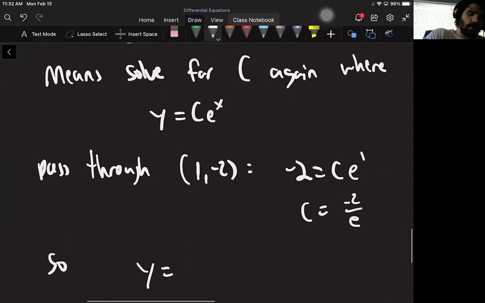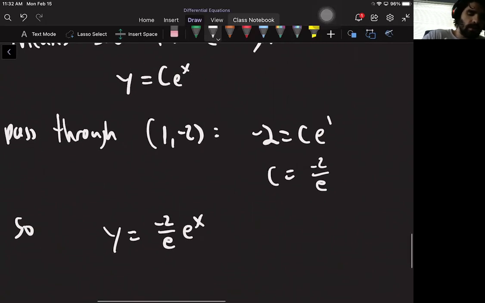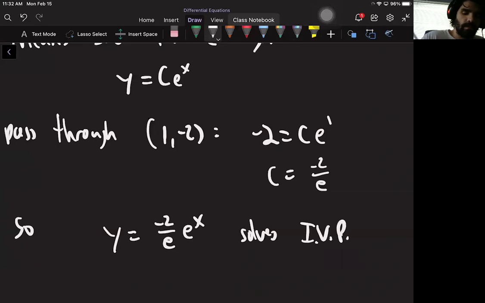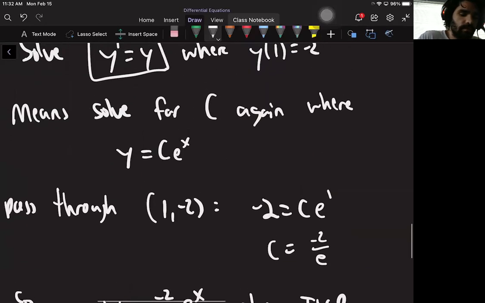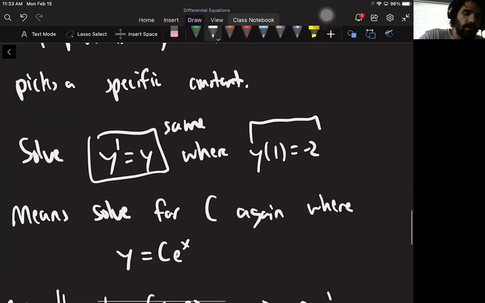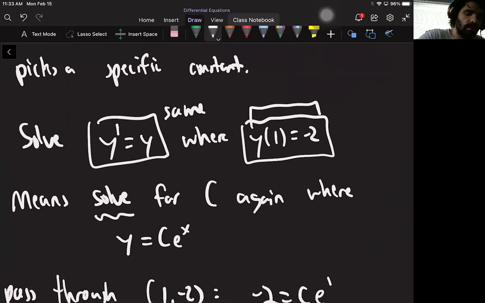So then y equals, now I plug it back in, is the solution to the initial value problem. That's it. So we should really remember that imposing a condition, really what it does is it just picks out a specific constant in your one parameter family. That's going to keep happening.